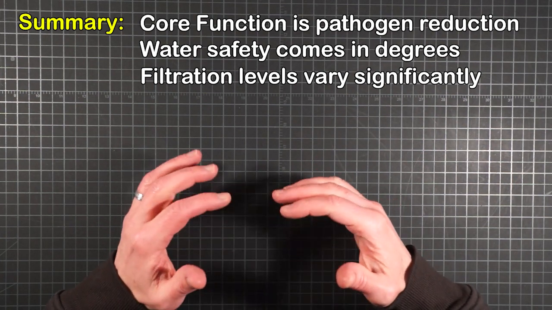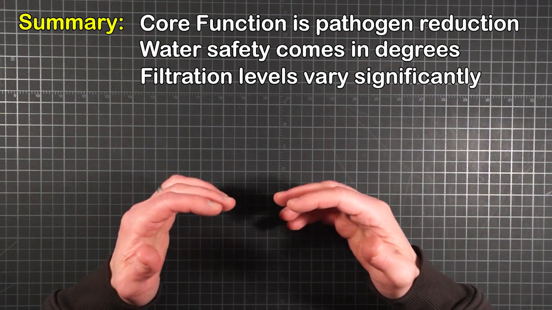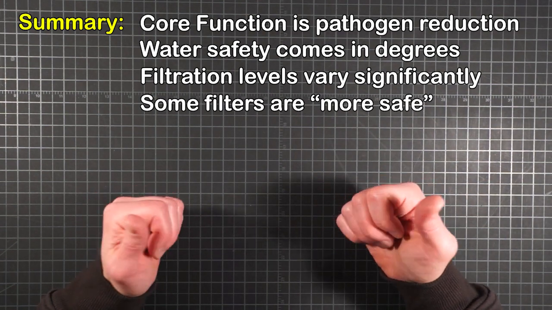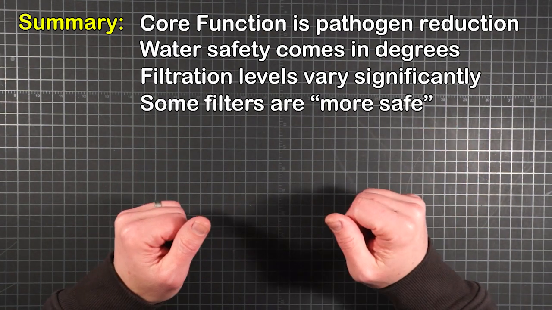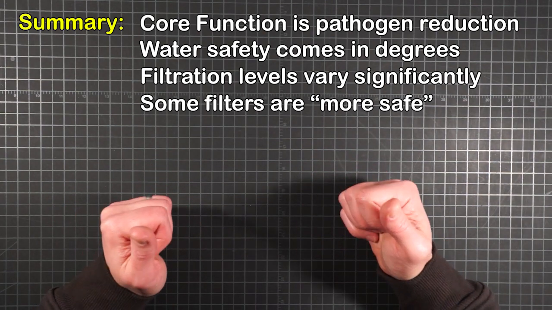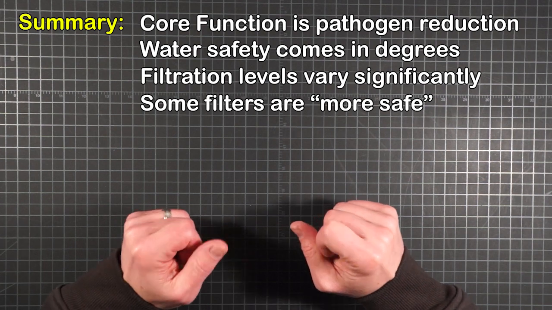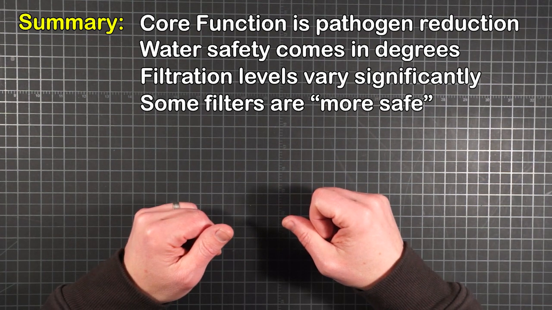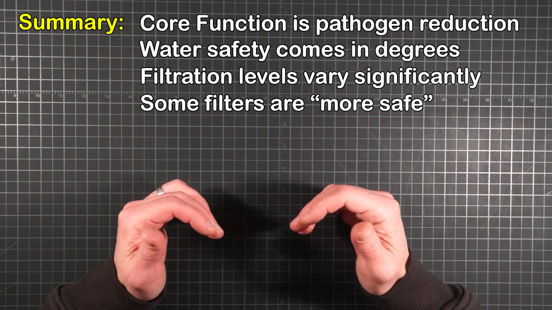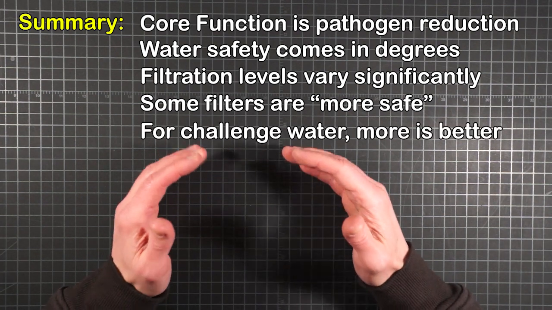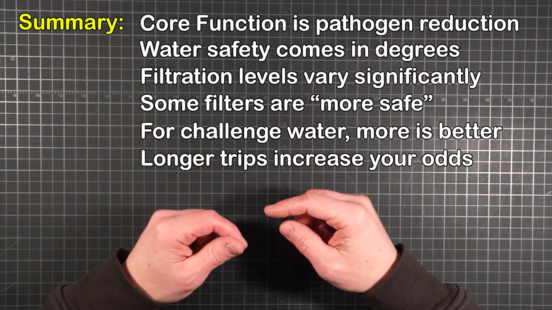It will offer varying levels of protection based on the filtration percentages, also known as log removal rates. As such, some filters are more safe than others. And how much safety do you really need? Well, based on some crude and at times speculative math using real-world concentrations of pathogens and lab-tested levels of available filtration, it appears that at least for the most challenging waters, more is better, especially for longer trips.